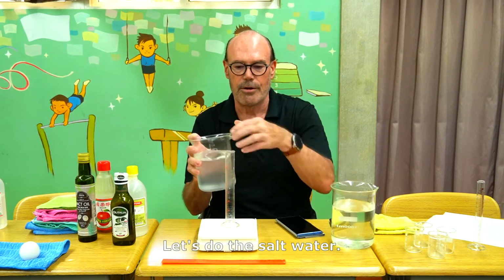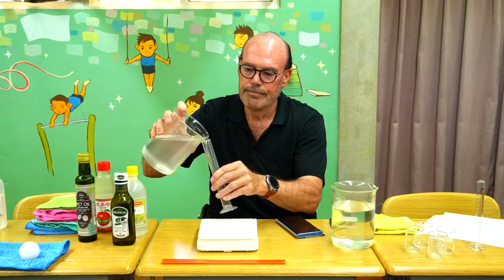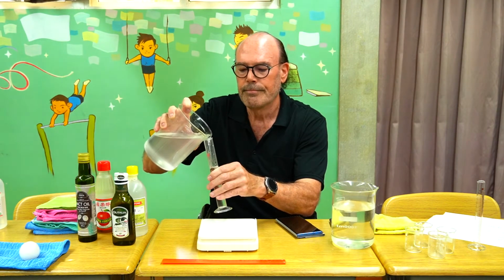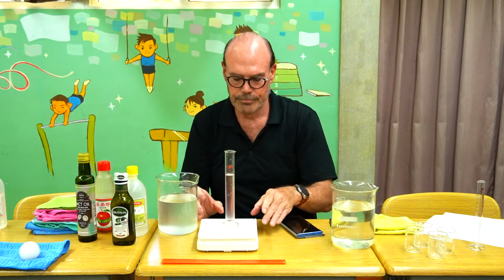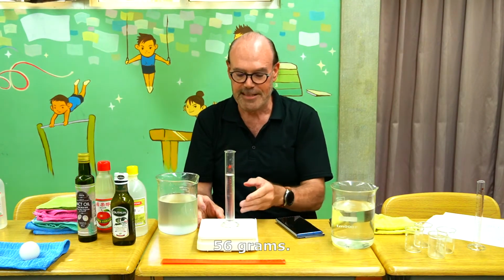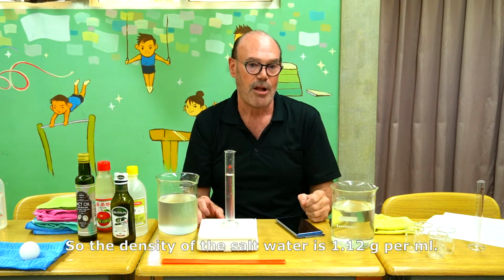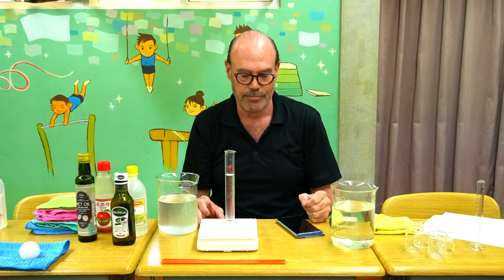Let's do the salt water. All right, 56 grams. So the density of the salt water is 1.12 grams per milliliter.